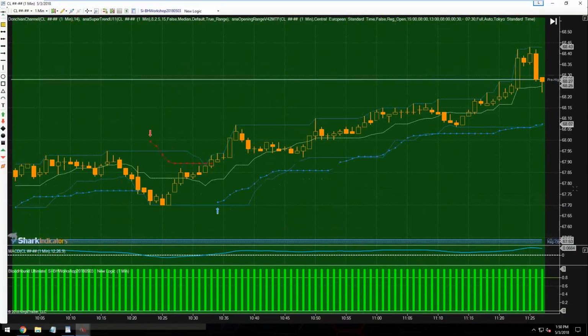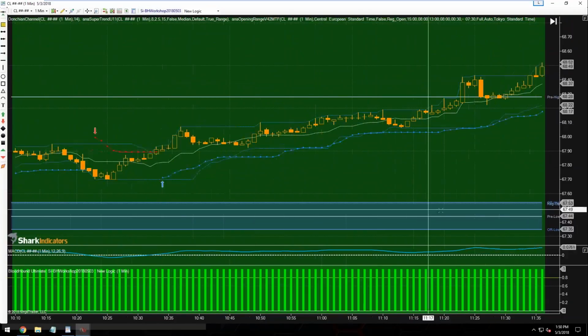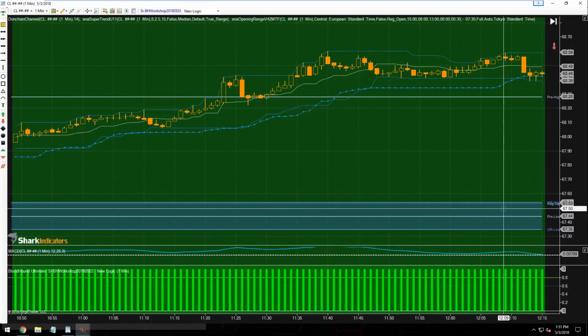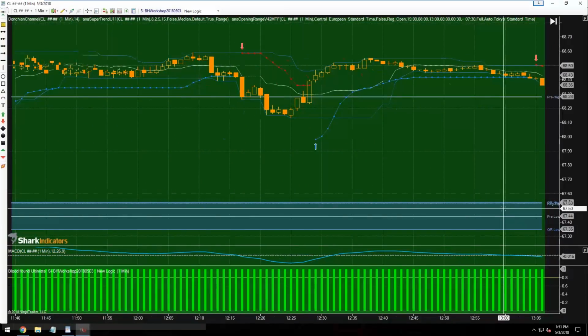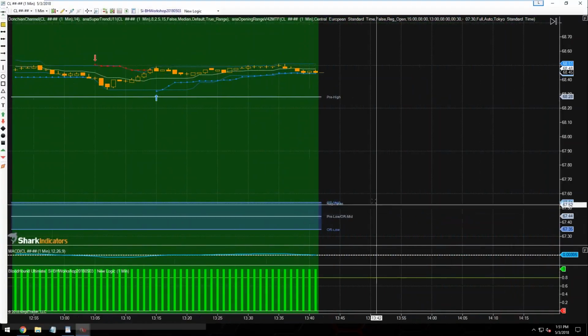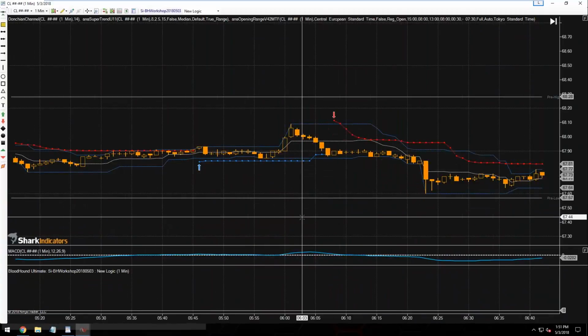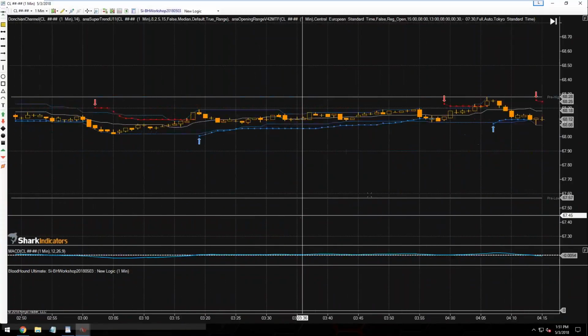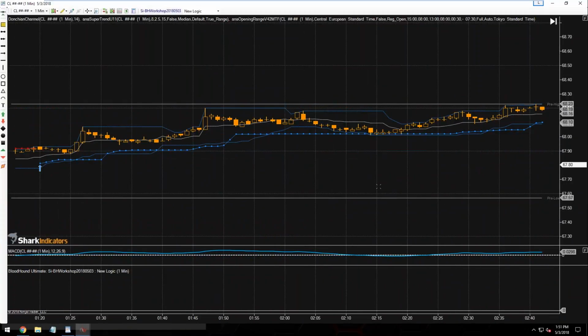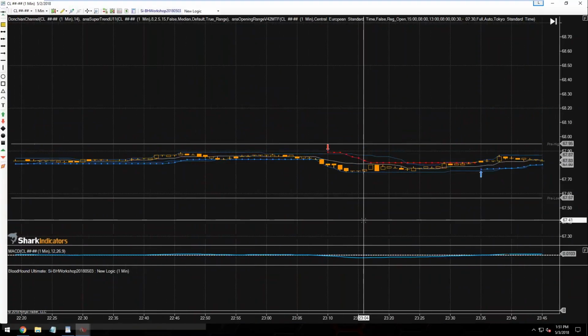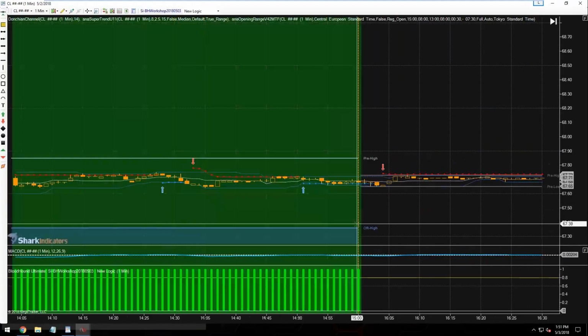Yeah, it looks like it's still plotting that open range all the way. Yeah, looks like it keeps plotting it anyways. Let me scroll back to yesterday.